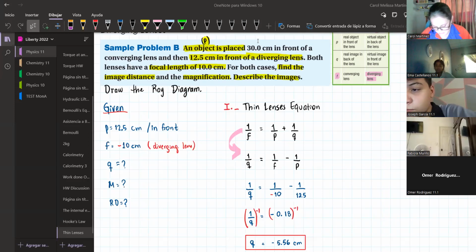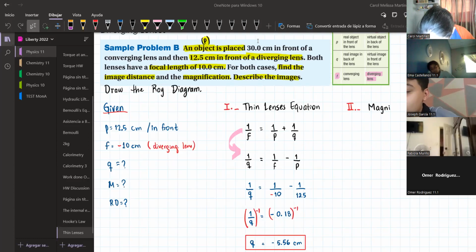Okay, so we have the image. Now, what about the magnification? The formula for magnification is, okay, which one are we going to use?